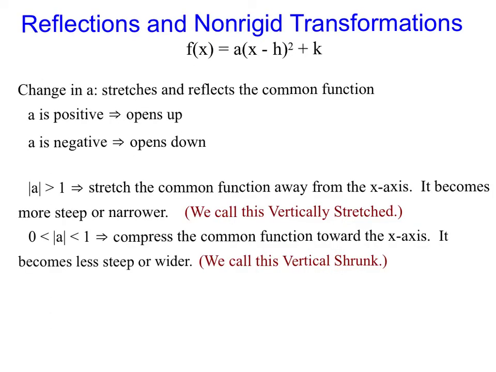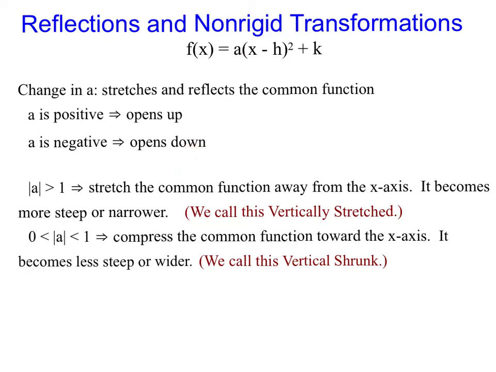Okay, the next thing we're going to look at is reflections and non-rigid transformations. Let's start today with a reflection. Now, I want you to notice this value right there. It's an a value. That a value, if it is positive, it'll open up. But if that a value is negative, it opens down.